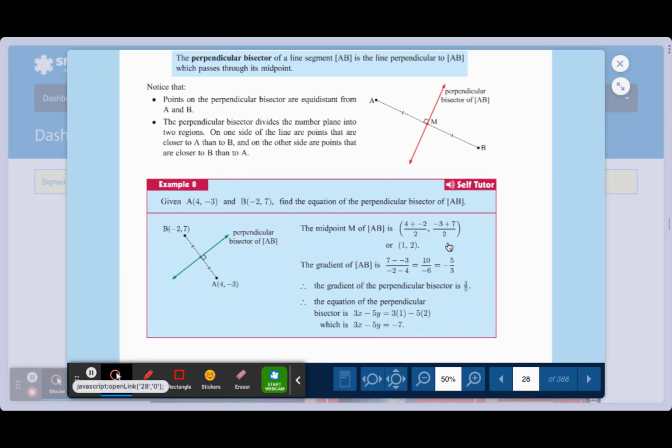It says, given that A is 4, -3, and B, that is -2, find the equation of the perpendicular bisector AB. So I've started drawing it already, so I'm just going to put the points in, then I'll switch back over to the screen. So we've got 4, -3 from the question, and B is -2. Oops, got that around the wrong way on my drawing.